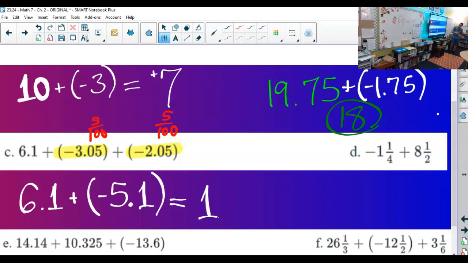Jane, what about part D? Do we have any teaming up to do? No, we're just ready for the fight, right? Now, is there anything else you would do before the fight? With us having mixed numbers, with us having fractions, anything else you would do?